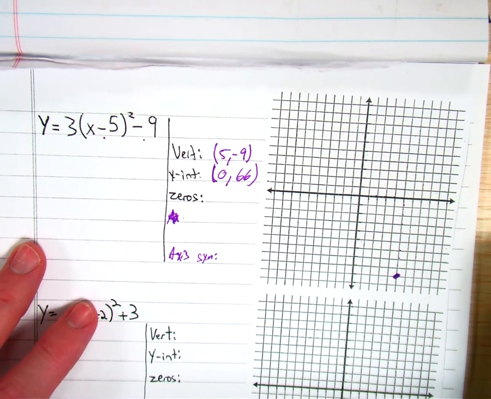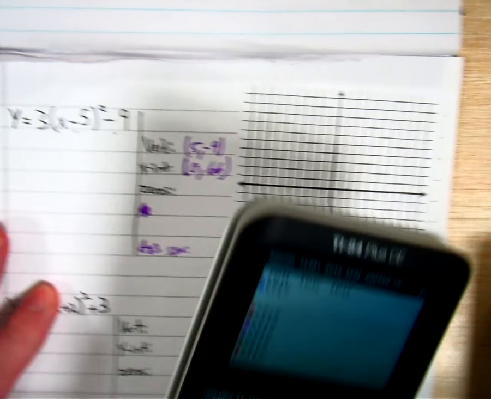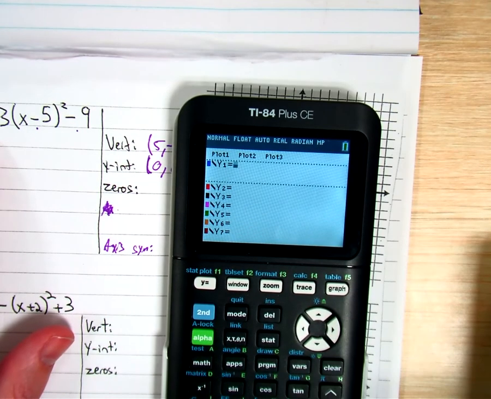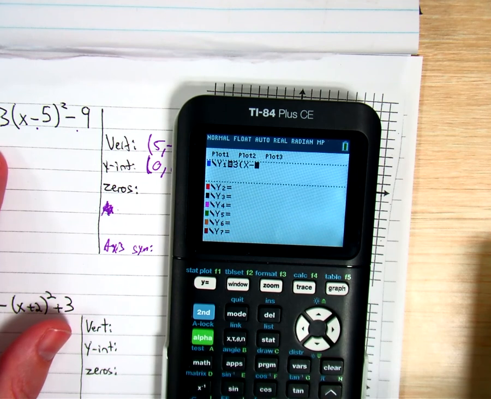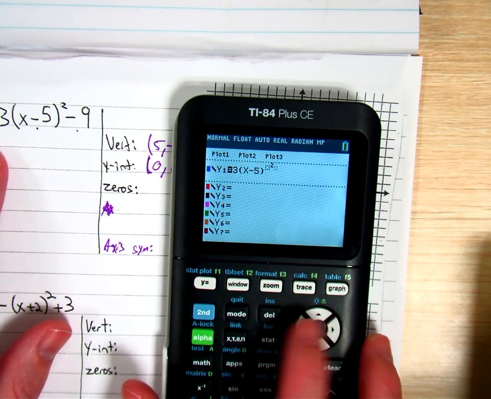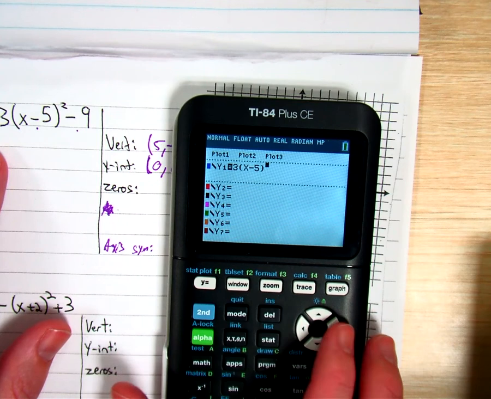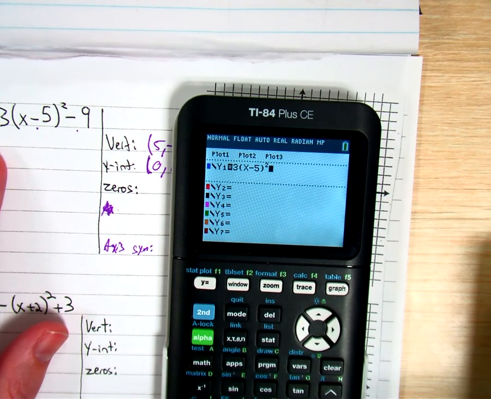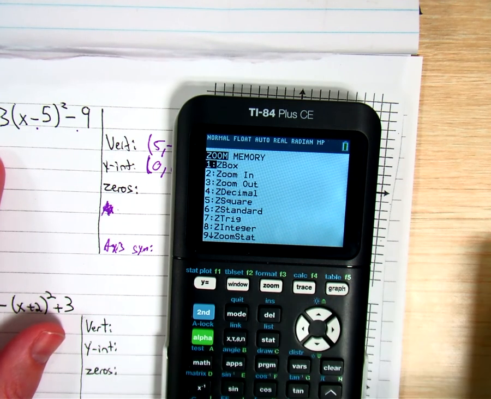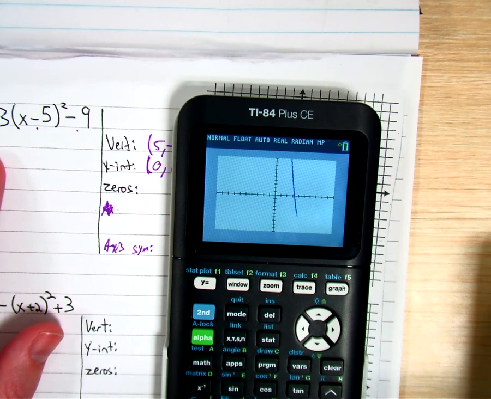Zeros. All right, this is from last lesson, so let's make sure we have this typed in. 3 times parentheses, x minus 5, close parentheses, squared, minus 9. Zoom 6.